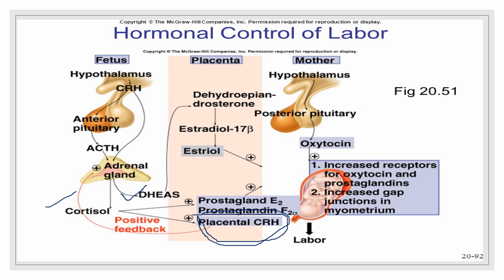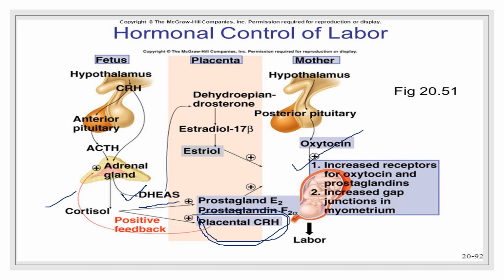So in the fetus, placental CRH stimulates the generation of cortisol and dehydroepiandrosterone. This dehydroepiandrosterone goes to the placenta and there is generation of estrogen. Now this estrogen plays a very important role. This increase in estrogen makes the uterus very excitable.